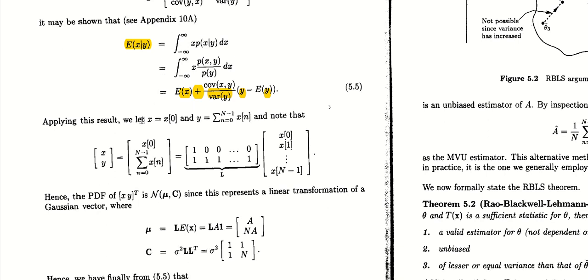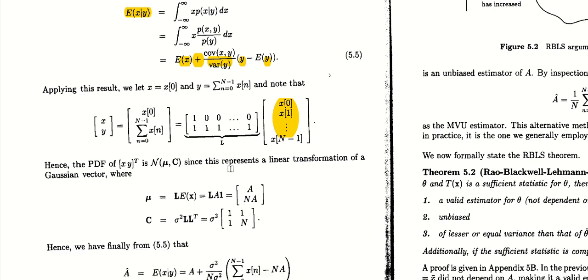Then applying this, we let this and y equal to that, and note that x and y is equal to x0 and summation this, which is equal to this multiplied by this. What is this? The original complete set of data. It's primitive. It has not been processed in any way. So you have x0 equal to this multiplied by that, and y equal to this multiplied by that.